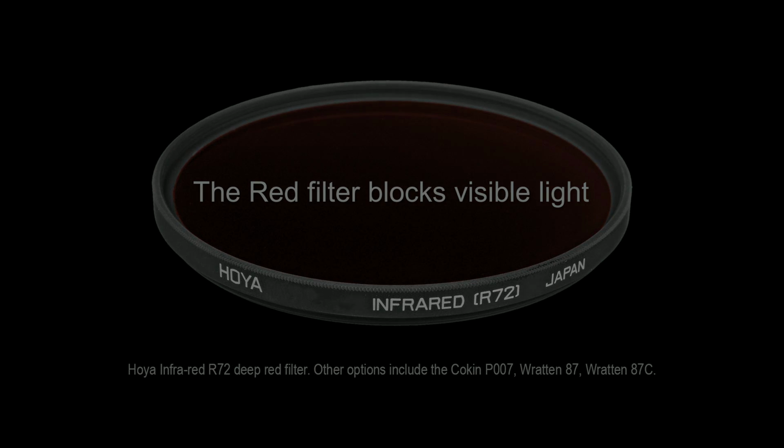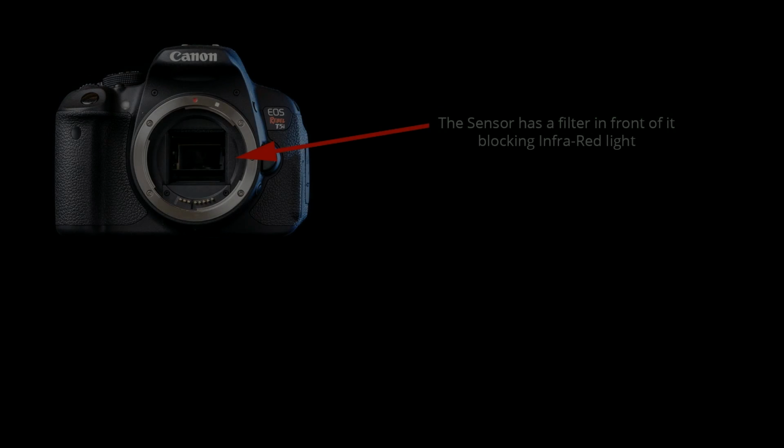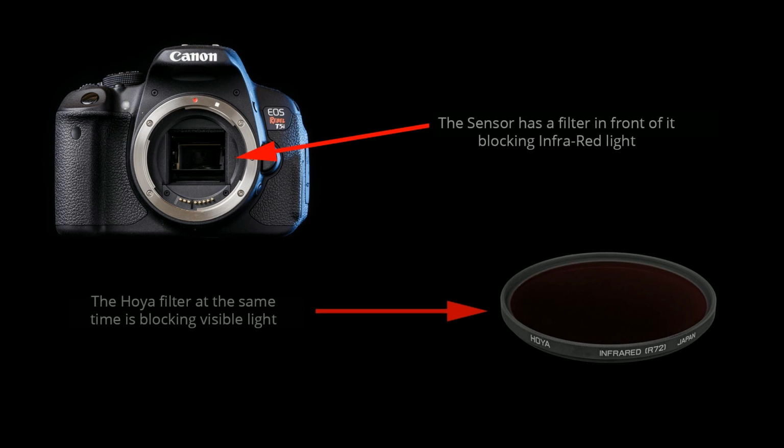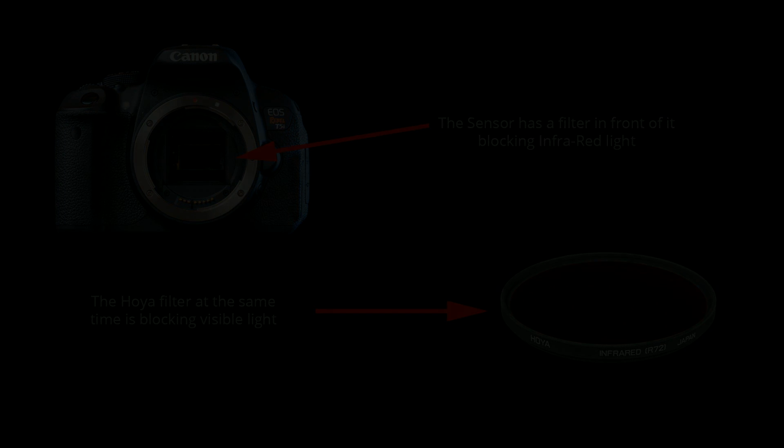However, in practice there is a problem with this method because our digital cameras also have an infrared blocking filter sitting over the sensor. So one filter is blocking visible light, that's our deep red filter, while the other on our sensor is blocking invisible light, and this results in long exposures even in bright sunny conditions.